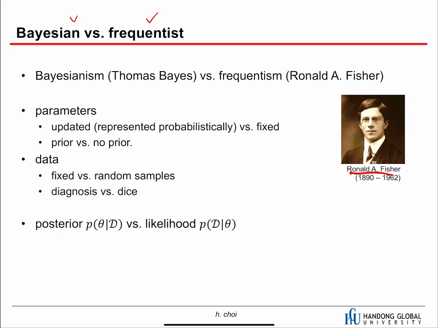Then we observe some samples, and that approach might be easier. And in the Bayesian approach, we are always interested in the posterior, but frequentists are interested in the likelihood. Again, the posterior includes the likelihood, and so in machine learning, a lot of algorithms and approaches are based on this Bayesian approach.